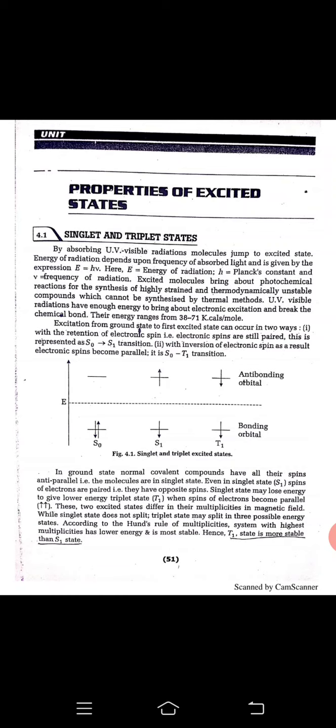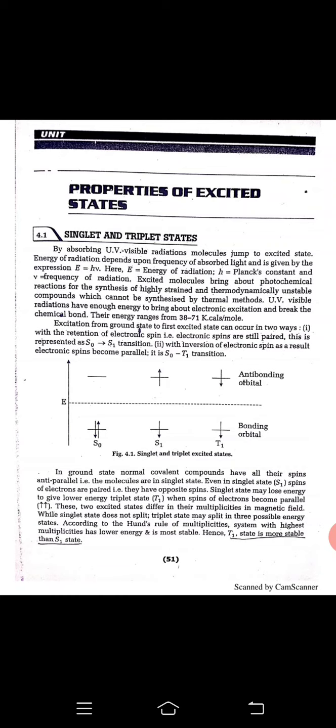Excited molecules bring about photochemical reactions for the synthesis of highly strained and thermodynamically unstable compounds which cannot be synthesized by thermal methods. Ultraviolet and visible radiations have enough energy to bring about electronic excitation and break chemical bonds. Their energy ranges from 38 to 71 kilocalories per mole.